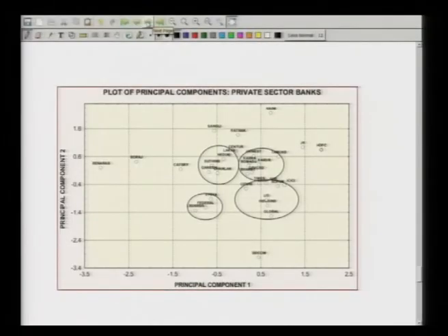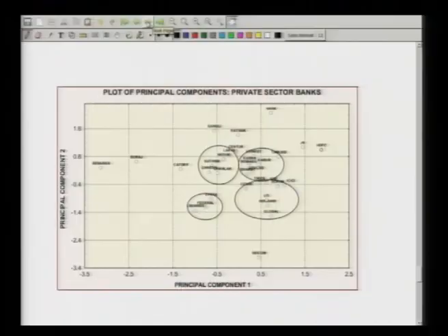Of course, you can do it in the same plot also, that is, without segregating private sector and public sector banks. It depends on the purpose, on your priority, what you are trying to see. So, here we are trying to see how the variability of the private sector banks among themselves is explained by the characteristics, and similarly how these characteristics explain the variability present in the public sector banks.